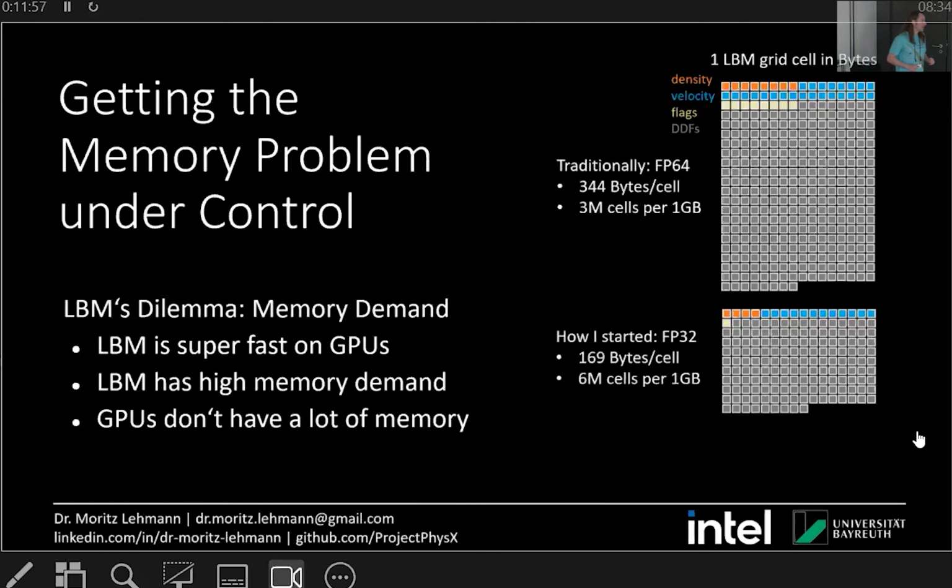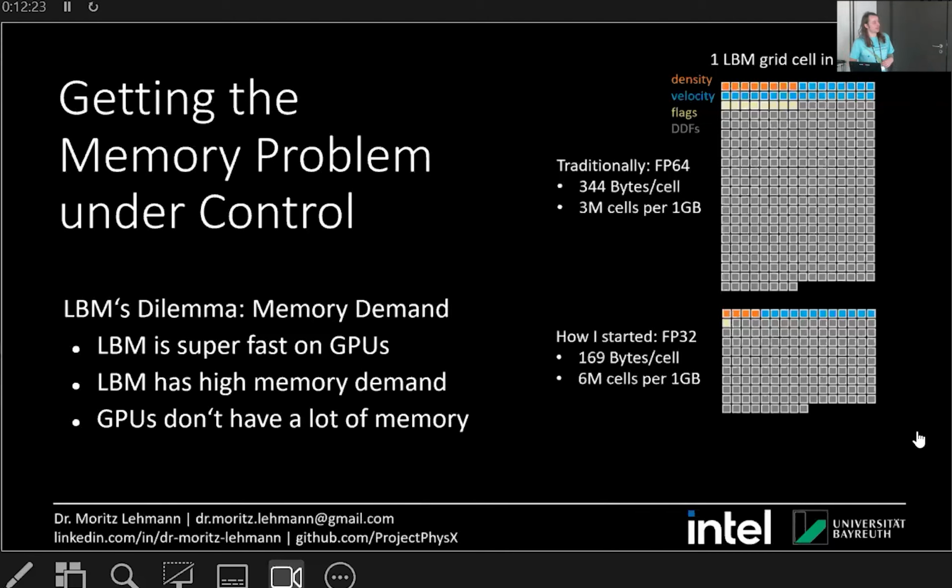People have already realized before my time that it is sufficient to go with FP32 precision. The reduction in accuracy is not even noticeable because the discretization on the grid brings a lot higher error than floating point arithmetic. And with that, you already are down to 169 bytes per grid cell, which means you can fit 6 million cells in 1 gigabyte.